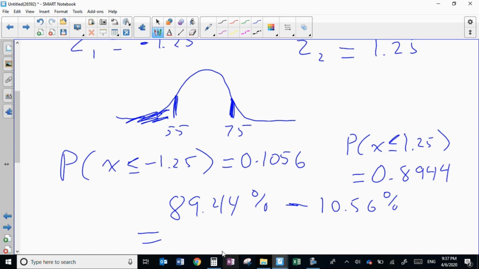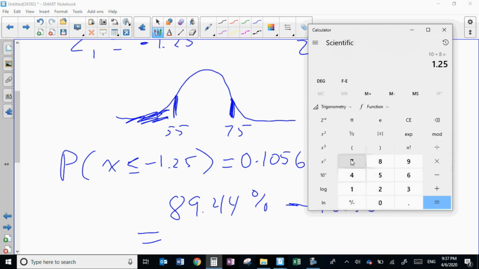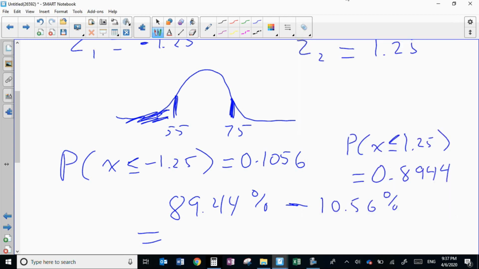And of course, 89.44 subtract 10.56 gives us our final answer of about 78.9%. That's our amount of data that's within this range right here, and the answer to the question.